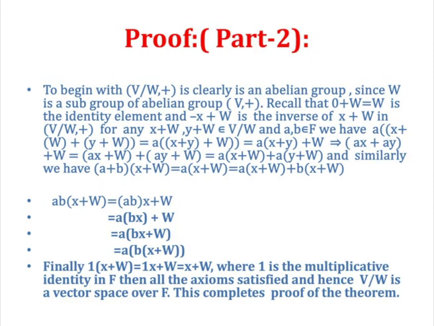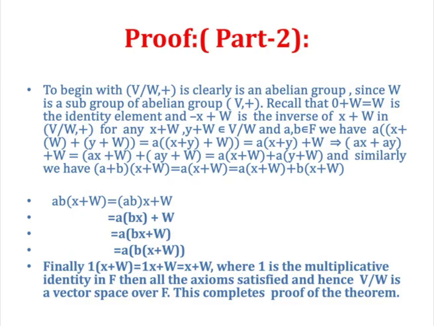Next one, (ab)(x + W) equals ab x + W, that can be written as a outside, within the bracket b x + W, that can be written as a outside, b is also outside, (x + W).